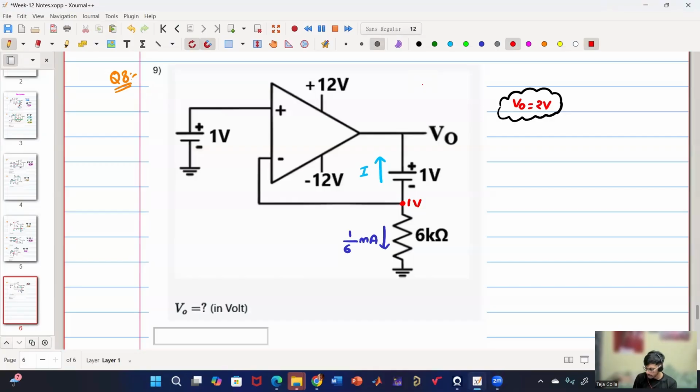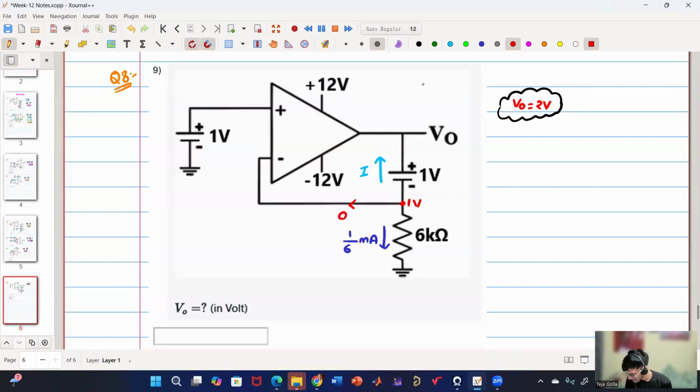Okay, everyone, what will be this current? 0.166 milliampere. Plus or minus? Minus. Okay. So basically this current is 0.